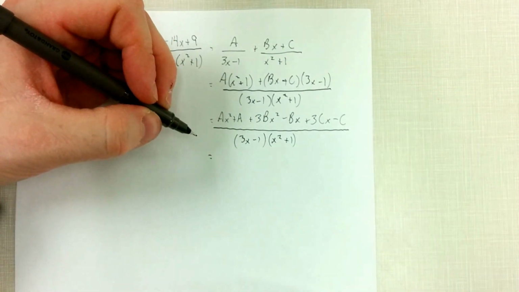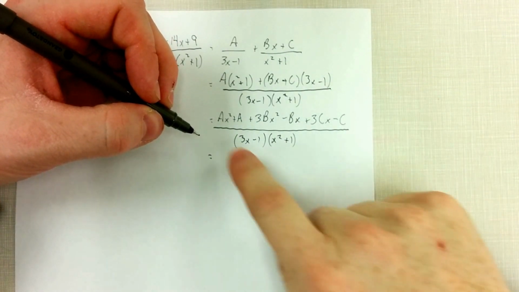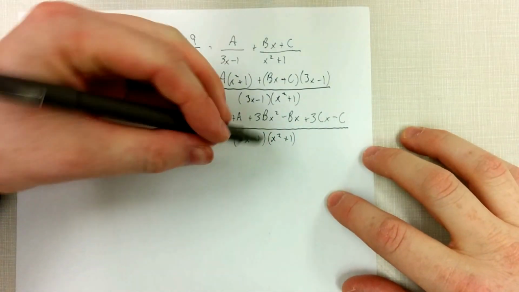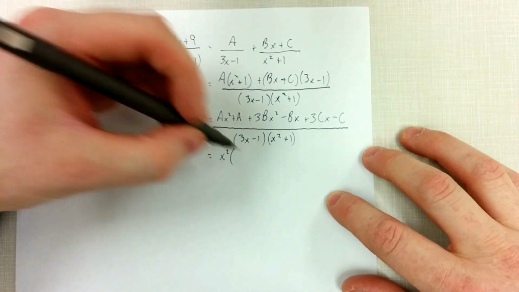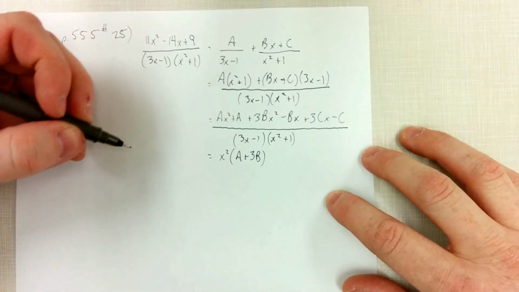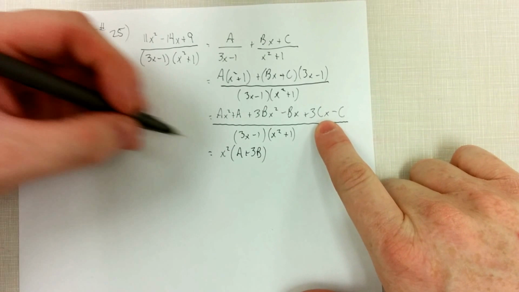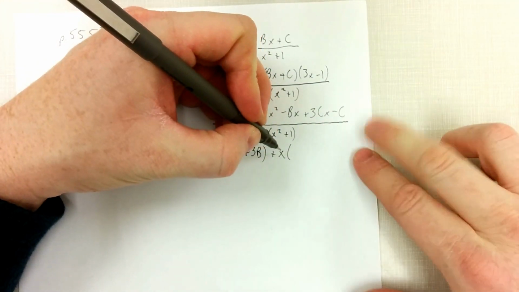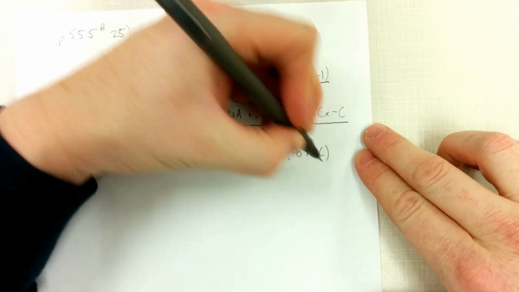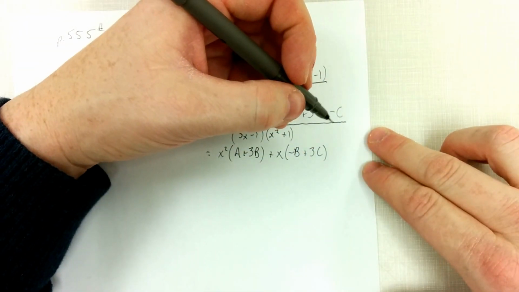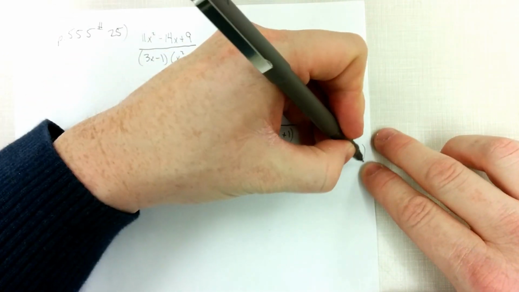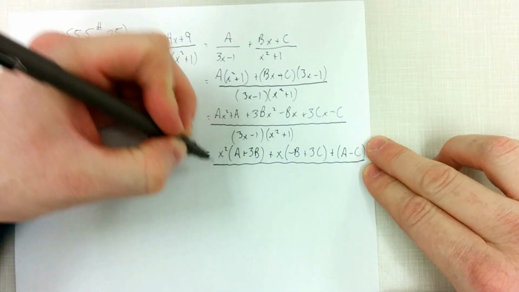So what I'm going to do here is collect like terms. I've got an x squared and I've got an x squared there. So I've got x squared, and I'm going to have an A plus 3B. I've got an x and an x here, so it'll be plus x times minus B plus 3C, and then the rest is plus A minus C, and that will be my constant term.